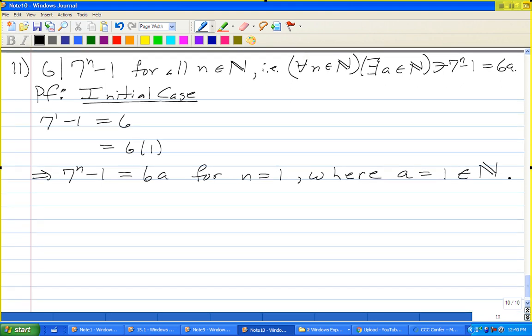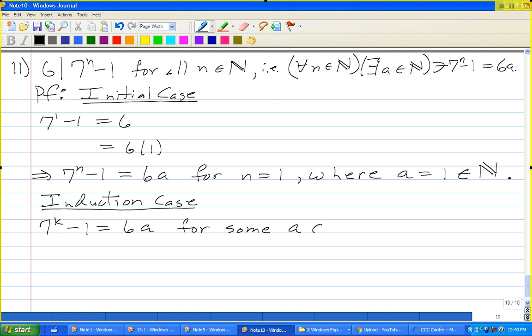Okay, let's do the induction case. So let's assume that there exists some natural number a so that 7^k minus 1 is equal to 6a.